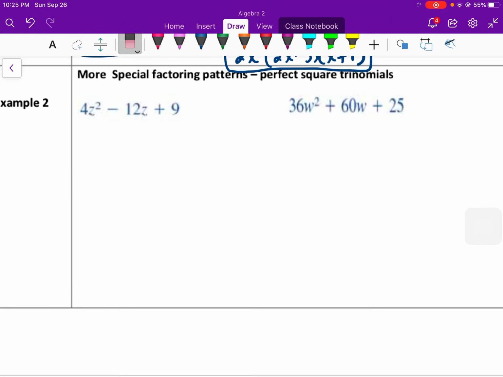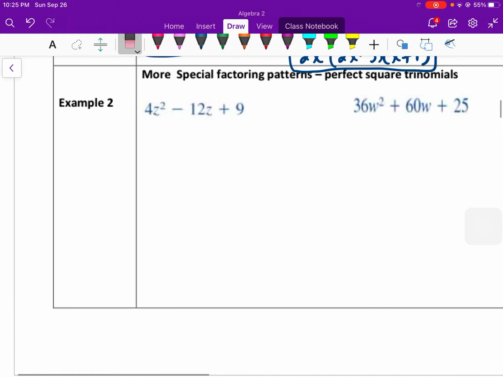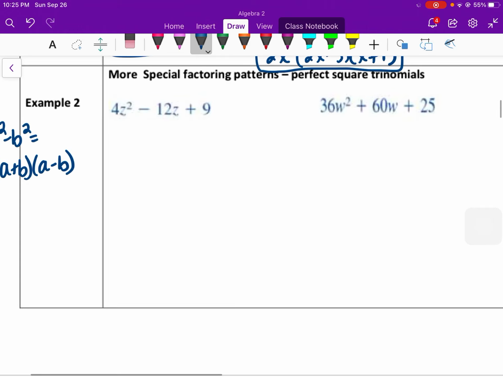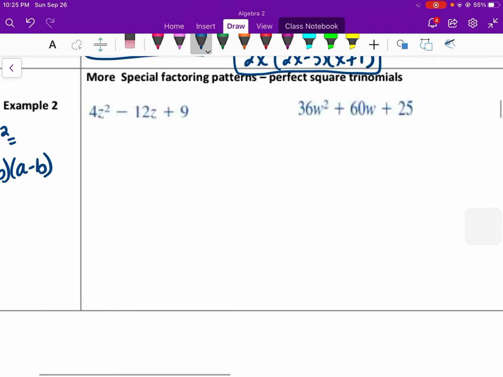We talked about special patterns on the very first day, and we talked about the difference of perfect squares, which was a squared minus b squared, and how that factors to a plus b and a minus b. Well, this is another type of special pattern, and you can factor them with the box just like I've been teaching you, but if you can see that it's a special pattern, then you can save a little time.